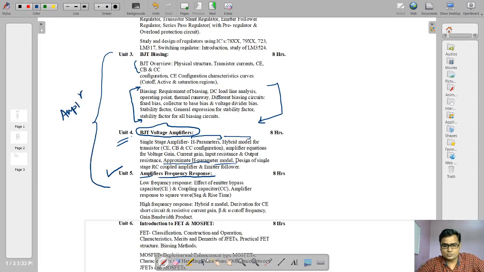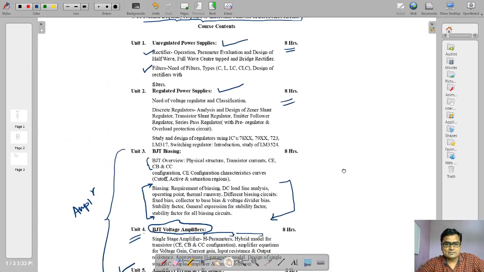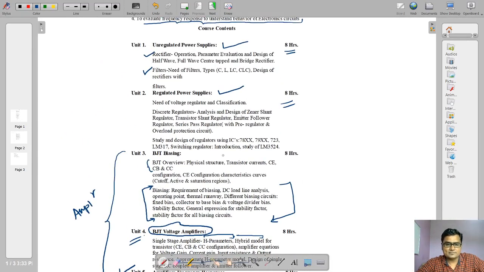And what about the first two chapters? These first two chapters are thoroughly related to power supplies. I will write the short form as PS. Look at this, first two chapters, power supply. Why is power supply included as the first two chapters? Because in second year you will face a mini project, and even in third year you will have a small mini project.